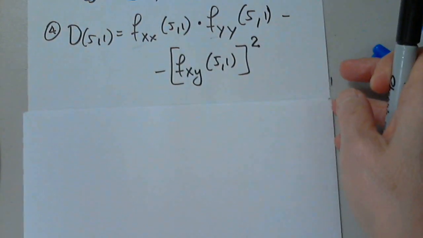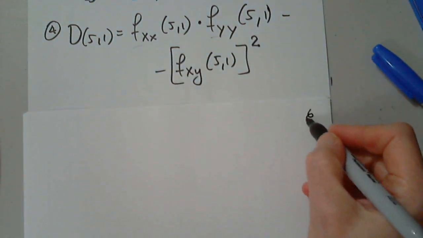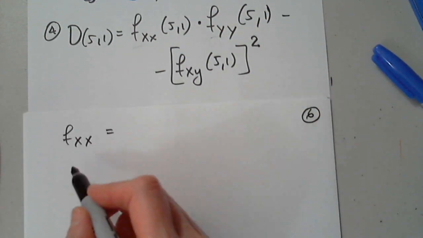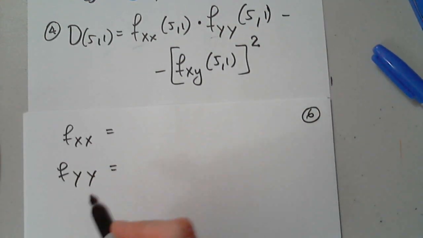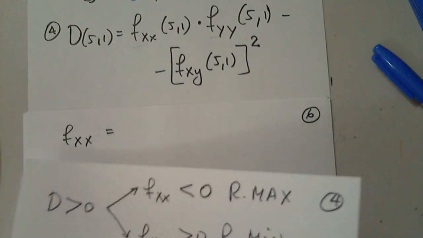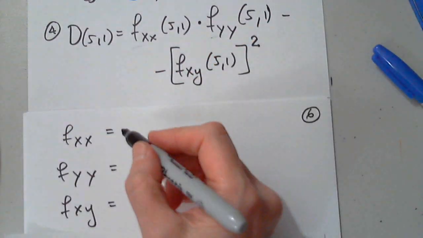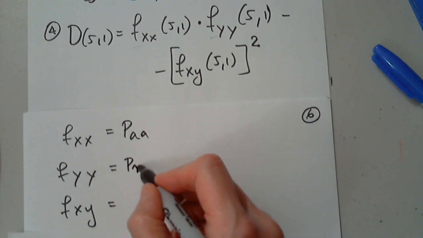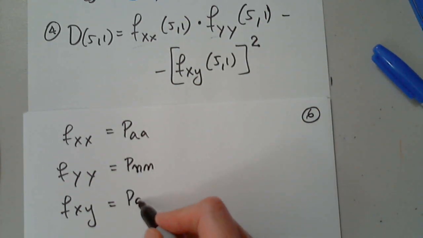So fxx, fyy, and fxy. Now let's go back. Oh, you know what I meant, I meant P. PAA, PNN, PAN.